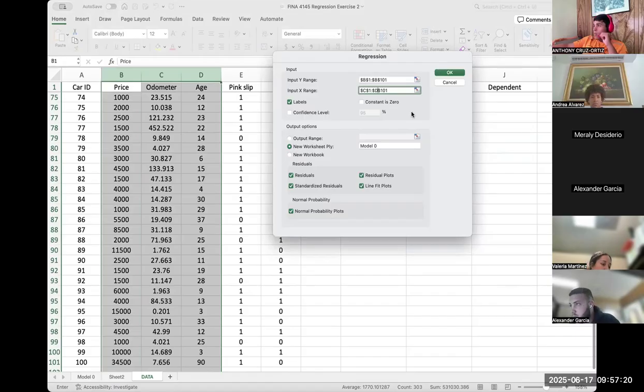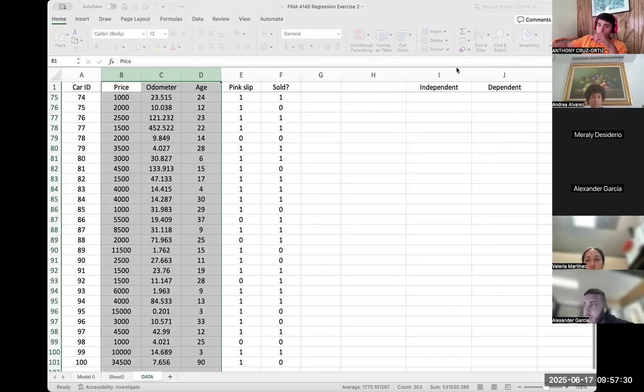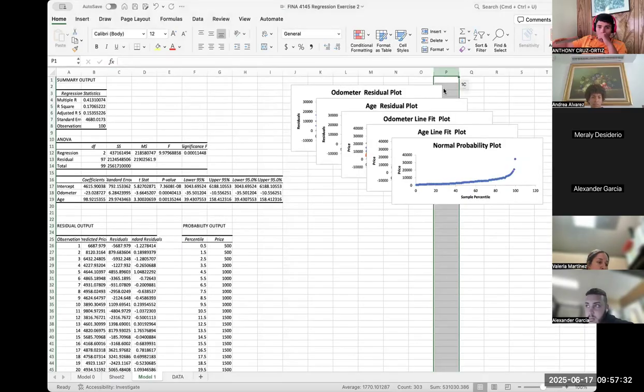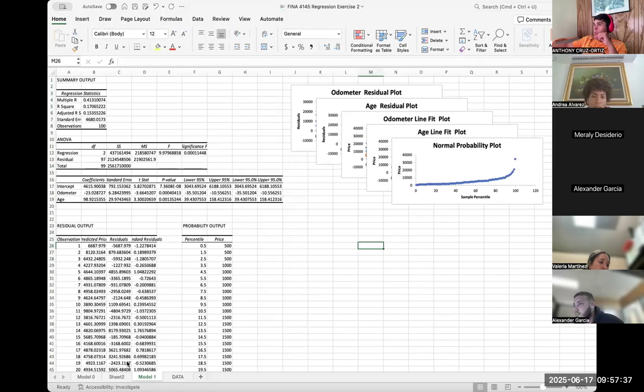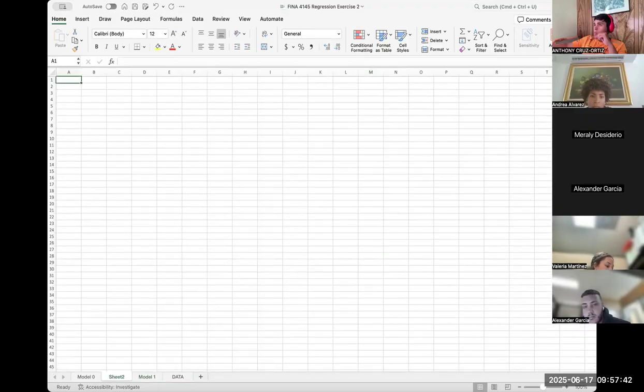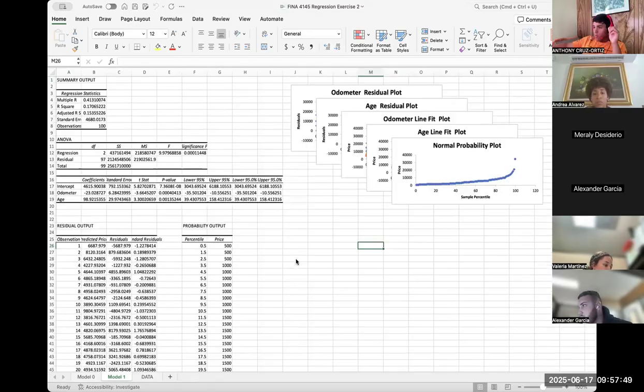All right, and it's going to go into model. I'm going to call it model 1. There we go. We got a bunch of plots. It puts it into sheet number 1. Let me delete this sheet. All right, so that's model 1 and all my results.